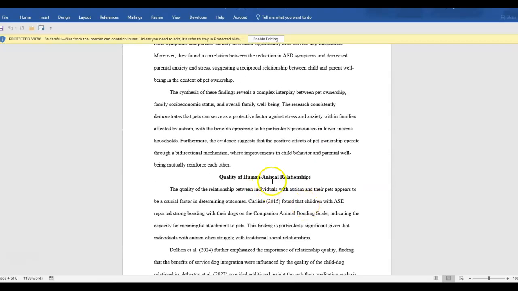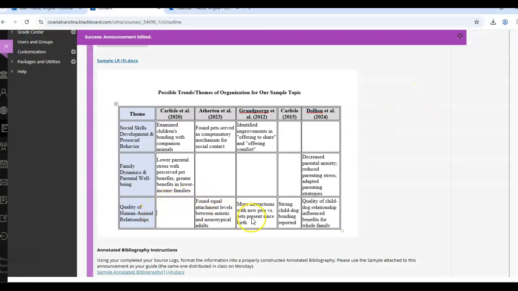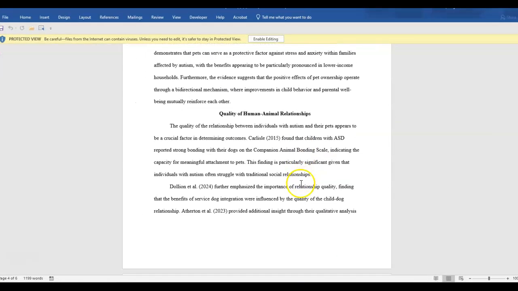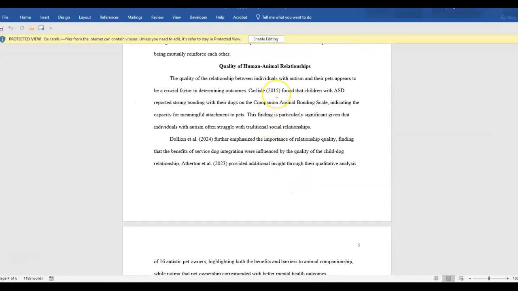And then obviously my third section of my paper is going to be quality of human-animal relationships, which was my third theme that emerged. So now I'm going to talk about 4 different articles as they look at this theme. So you can see I discussed Carlisle, which is different from Carlisle et al., by the way. So this is same researcher but doing 2 different studies.